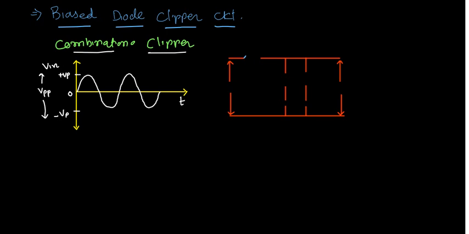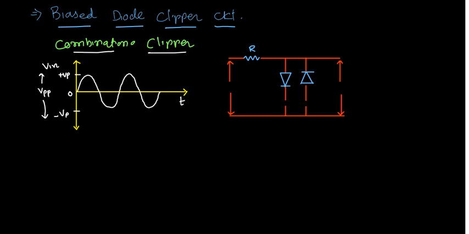This one is a resistor, let me denote it R. Now this side is a diode. One more diode I'm using, so that is two diodes. I'll give names to these diodes.